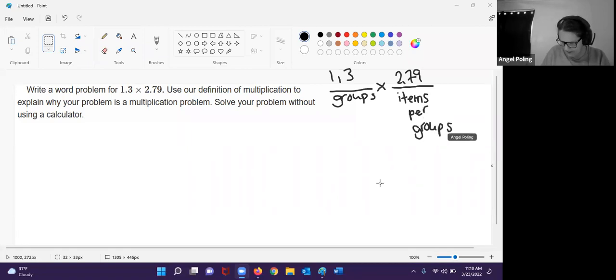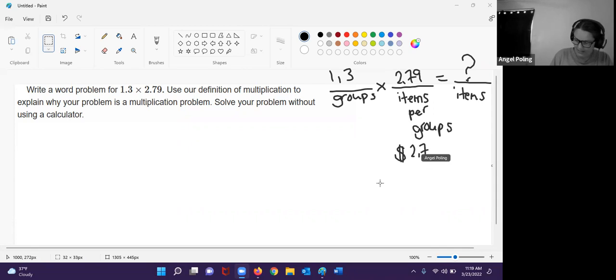And we need to ask a question for a total number of items, whatever these are, right? And generally, we use weights or we'll use money, right? When we're looking at multiplying decimal numbers. So for example, we could have something like $2.79 per pound, right?